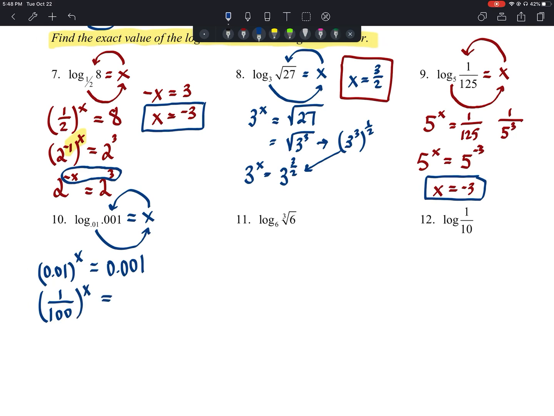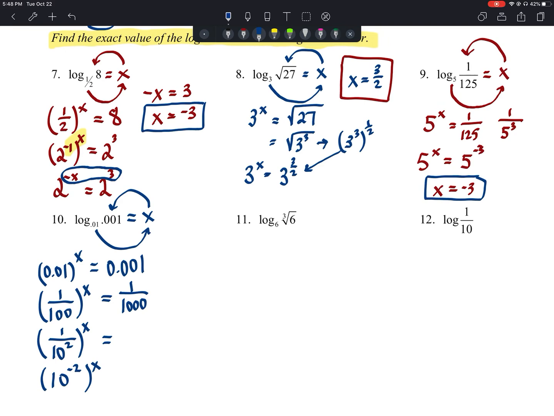And then I said this one was 1/1000th, so I have 1 over 1,000. And now we need to try to rewrite these with the same base. So 1/100th is like 1 over 10 squared, which we could rewrite as 10 to the negative second power raised to the power of x.